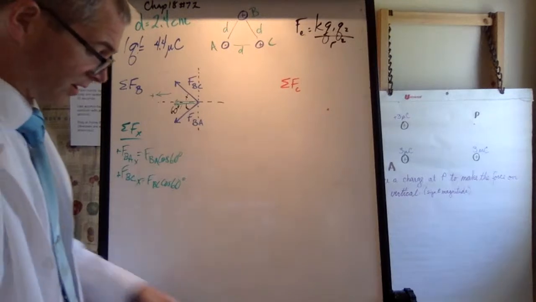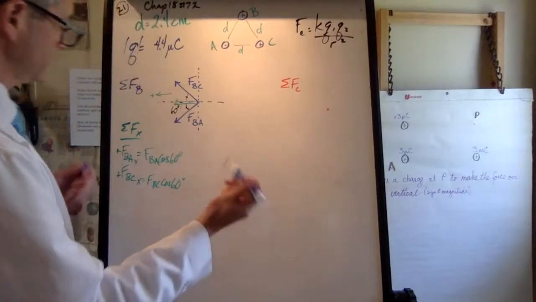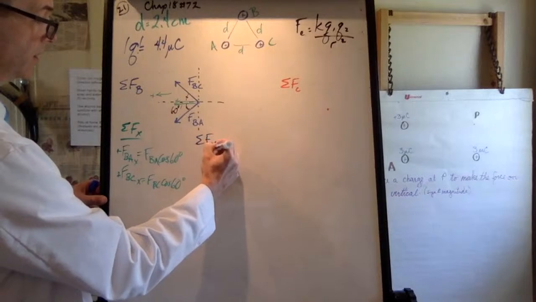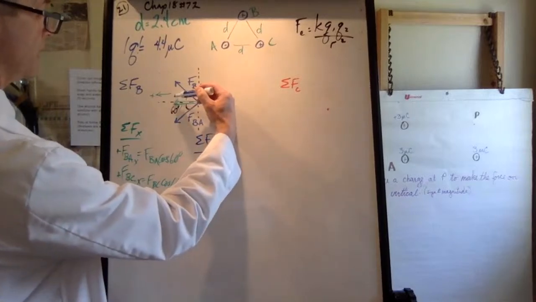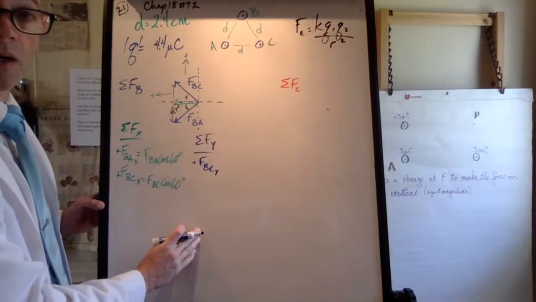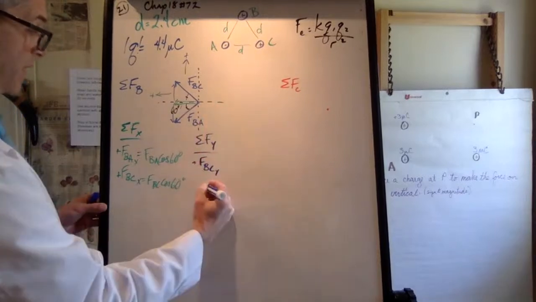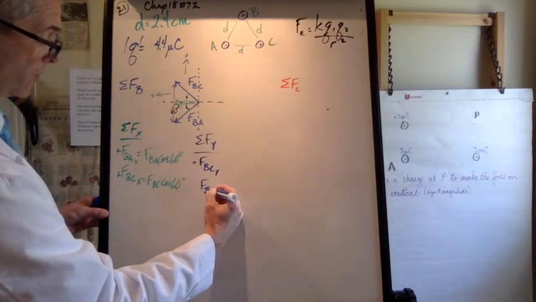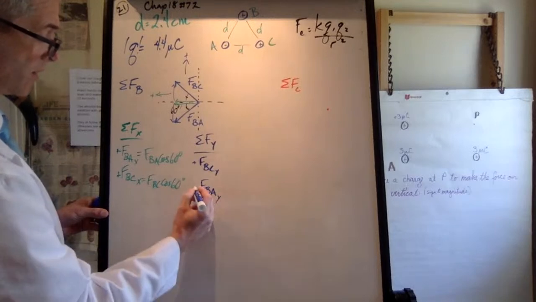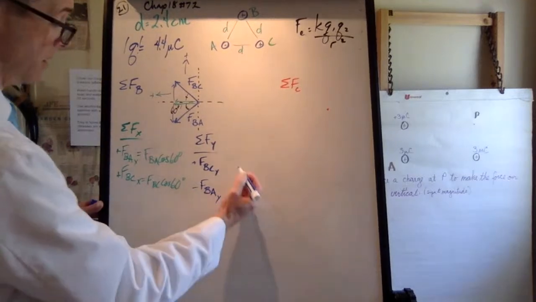In the y direction, sum of the forces in the y direction, that's going to be positive. However, FBA, force on B from A in the y direction, is negative.